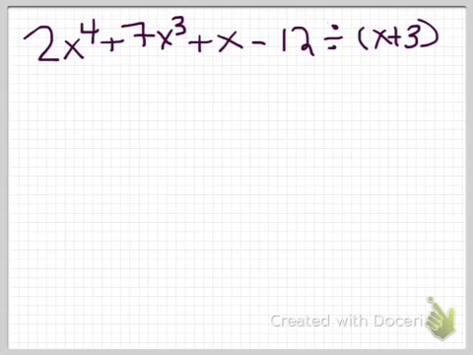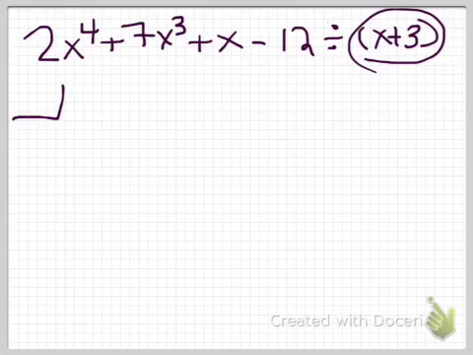So you're going to make yourself a small box to the left. We did this in class. This is, by the way, number 11, I think it is, in section 4.3. Notice that our divisor this time is x plus 3.